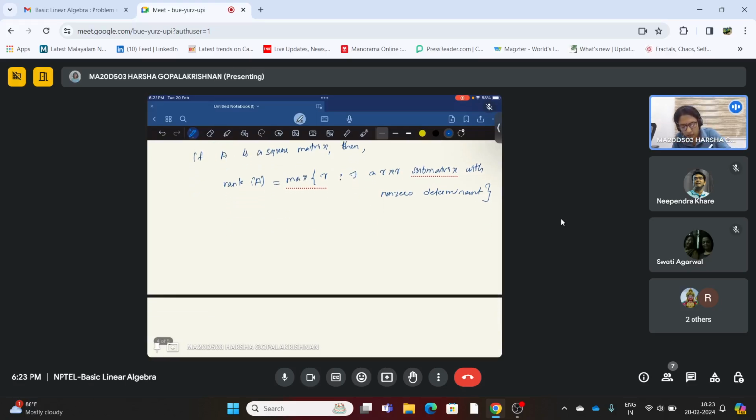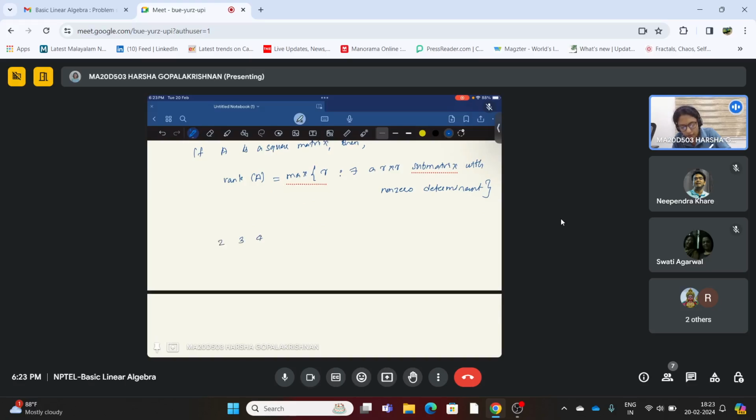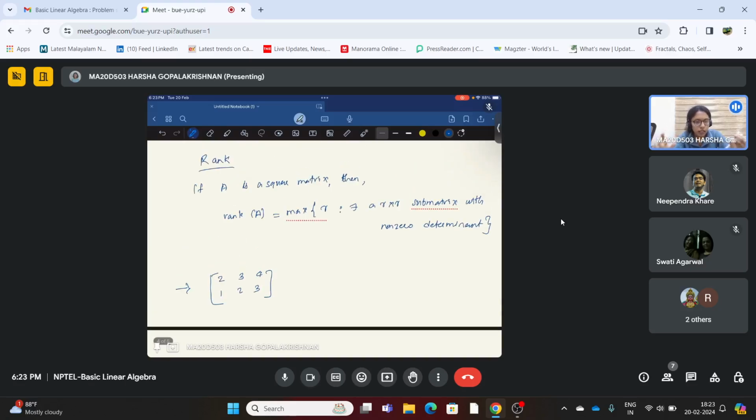For example, suppose 2 3 4 1 2 3, something like this. By definition, rank is the maximum value of R such that an R by R square matrix has non-zero determinant. For this matrix we cannot find the determinant; it is not a square matrix, so determinant is not defined.